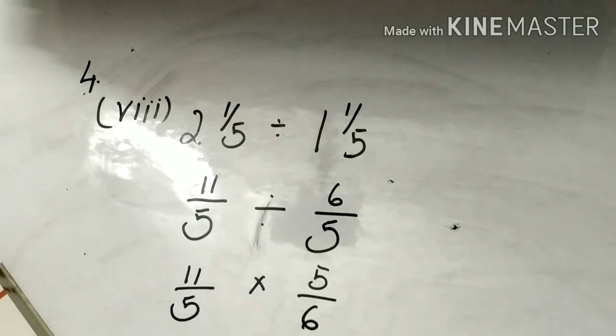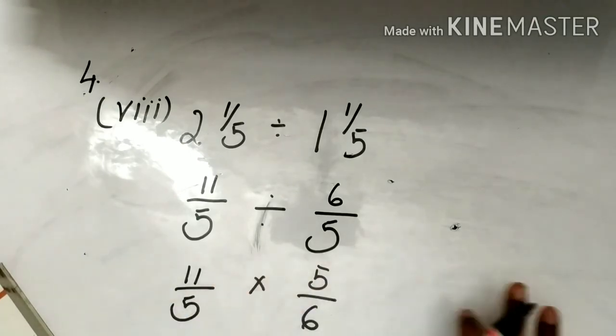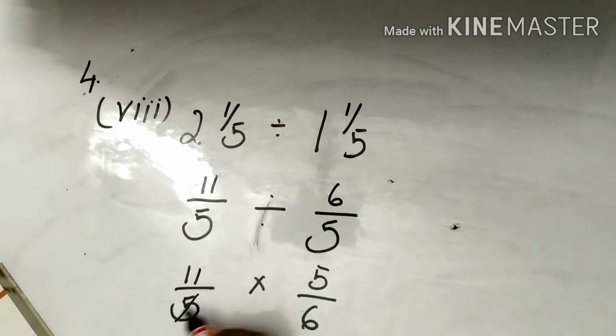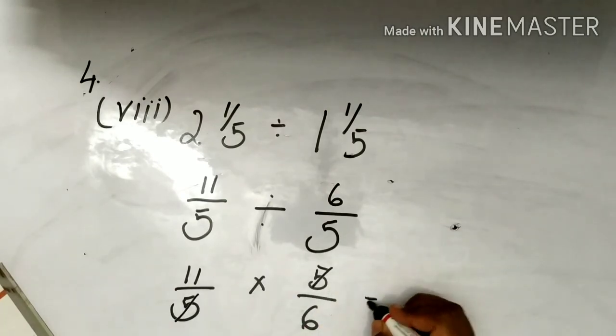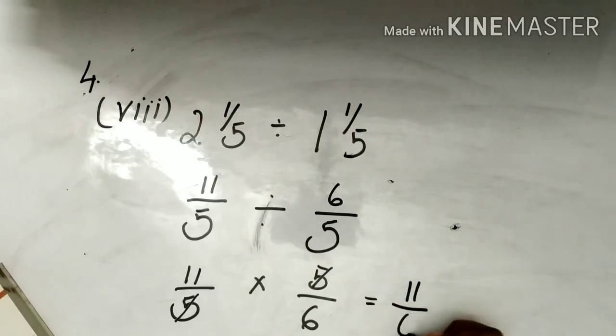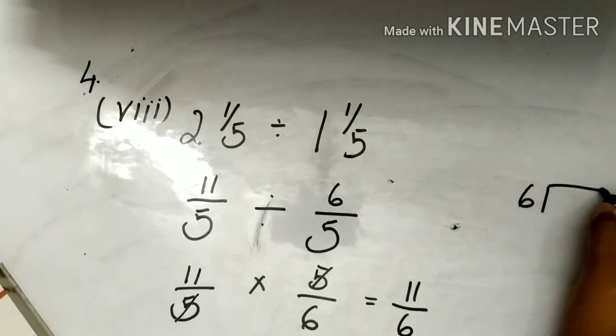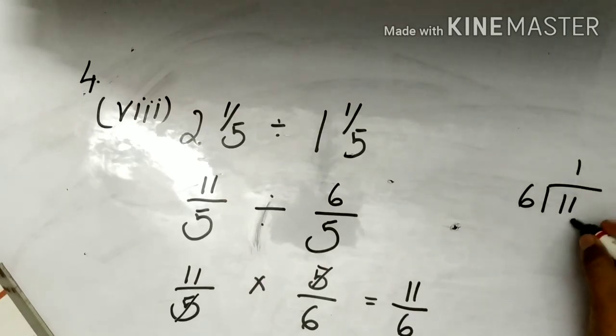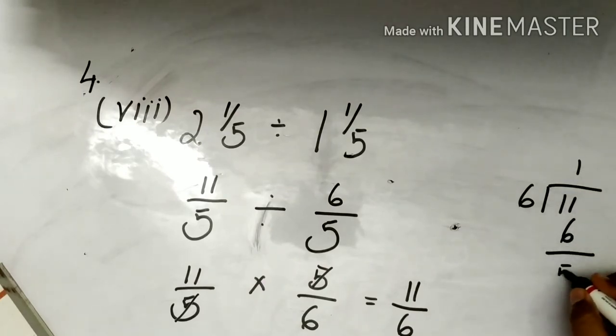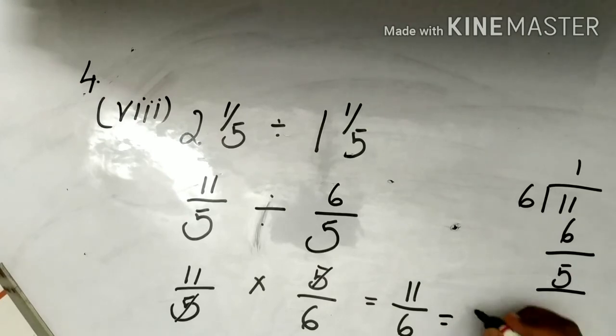It is always better to solve it in this specific state and then solve it. So it is easy and you get the answer as 11 by 6. You can further solve it. It looks better. So the answer will be 1 5 by 6.